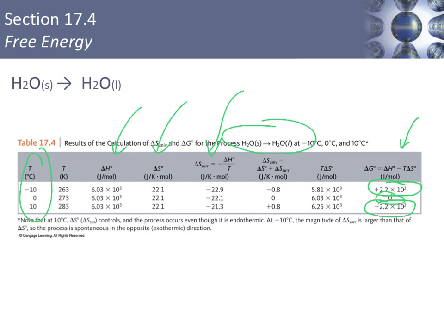The entropy change for the universe has been calculated here using the previous information there in the table. And you can see for the spontaneous temperature, 10 degrees Celsius, we see a positive value here and a negative value here at -10 degrees Celsius, where it is not spontaneous. This final column here is just the temperature in Kelvin times the entropy change for the system so that the delta G can be calculated.